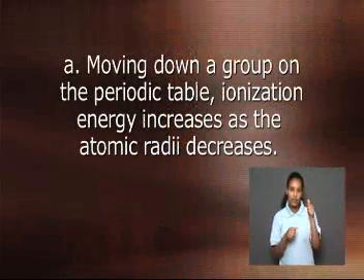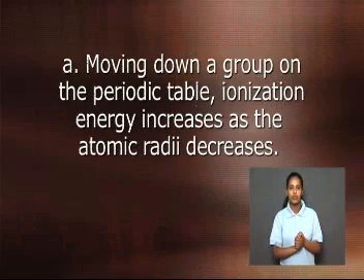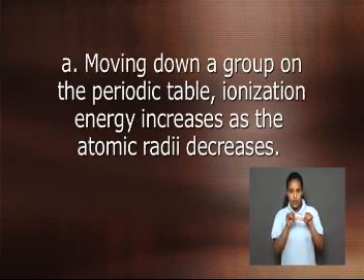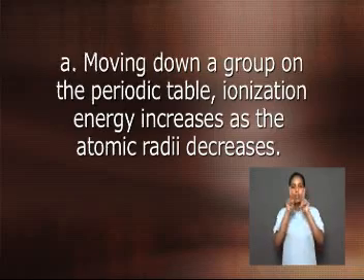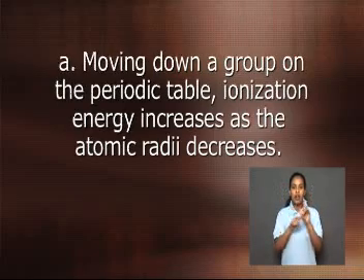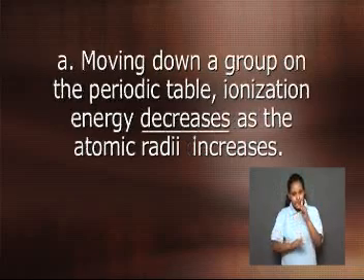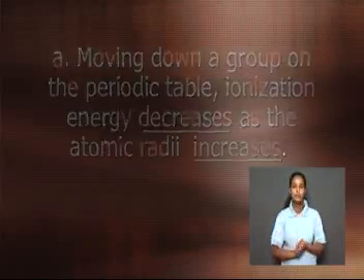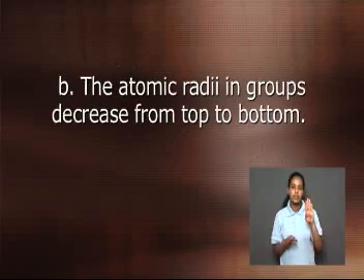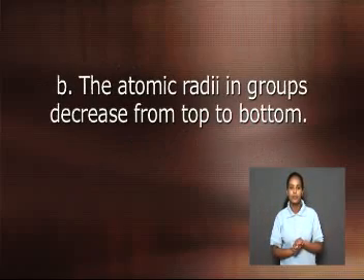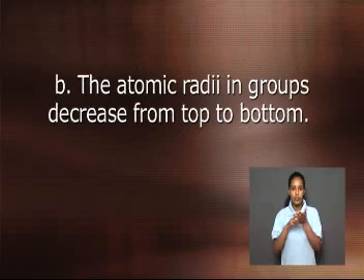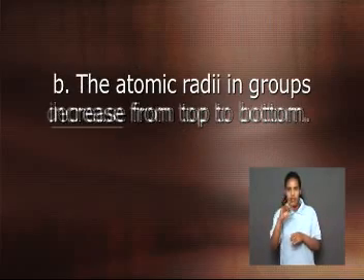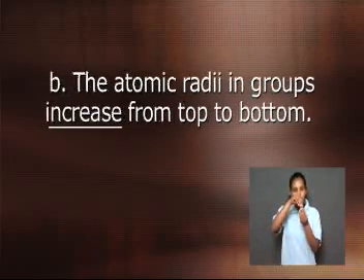Sentence A is false. It should read, moving down a group on the periodic table, ionization energy decreases as the atomic radii increase. Sentence B is also false. It should read, the atomic radii in groups increase from top to bottom.